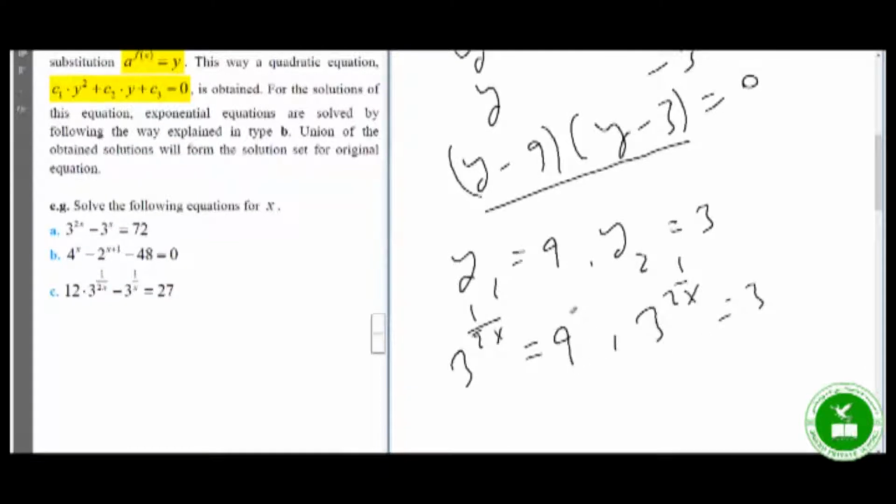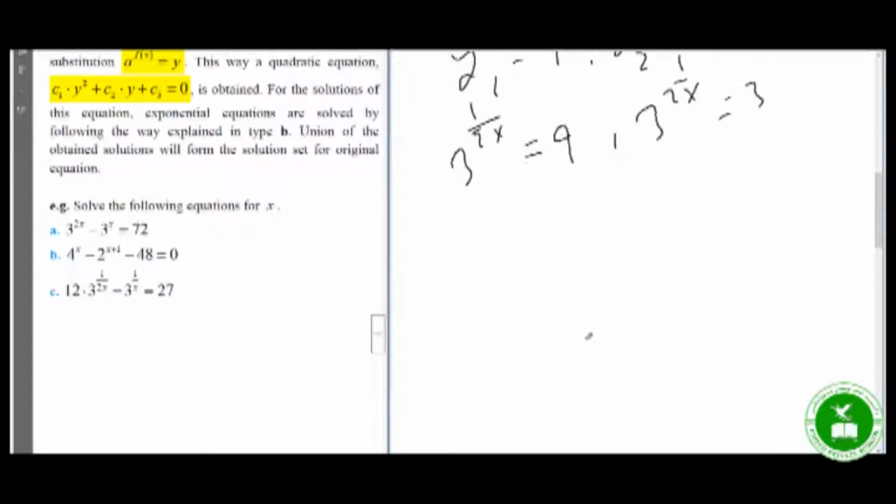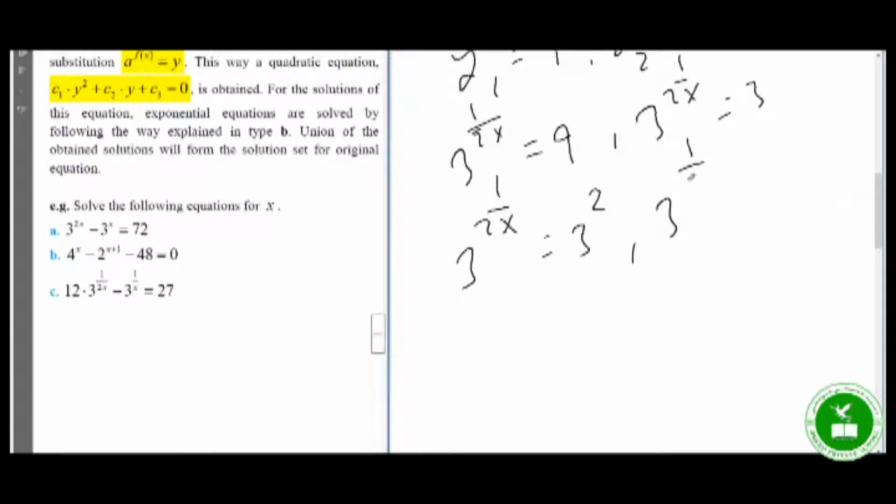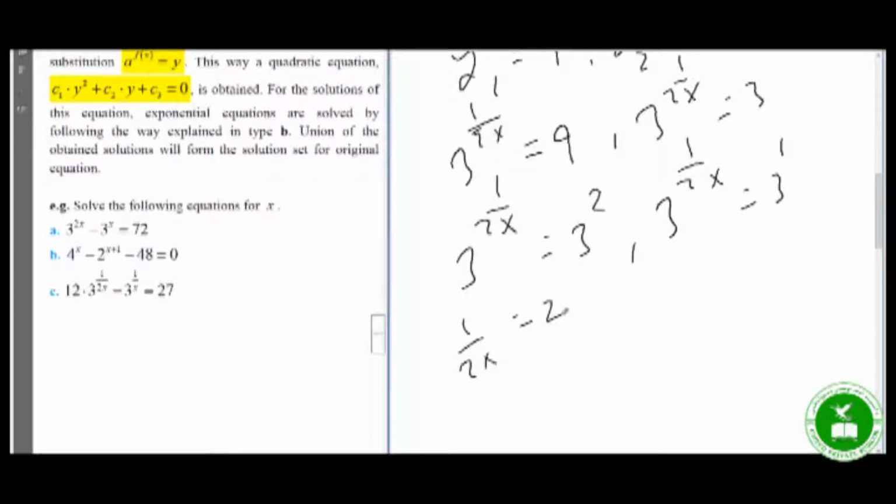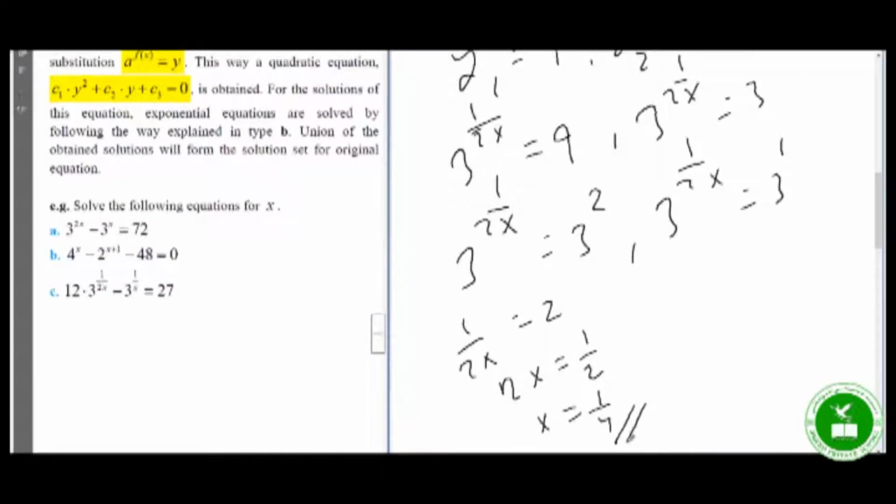Here, we can write 9 as 3 to the power of 2, or 3 squared. 3 to the power of 1 over 2x is equal to 3 to the power of 2, and 3 to the power of 1 over 2x is equal to 3 to the power of 1. So 1 over 2x is equal to 2. If we change the place of 2 and 1 over 2x, we will get 2x as equal to 1 over 2, or x as 1 over 4.